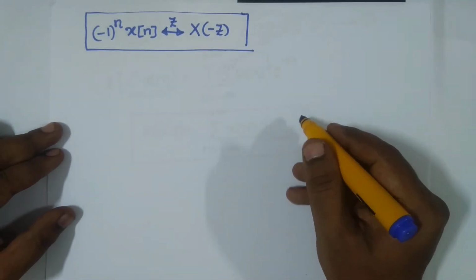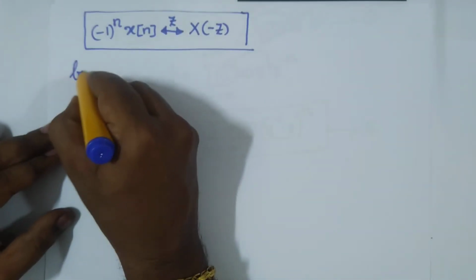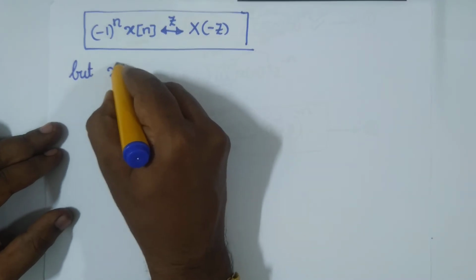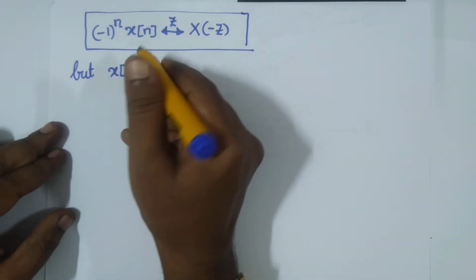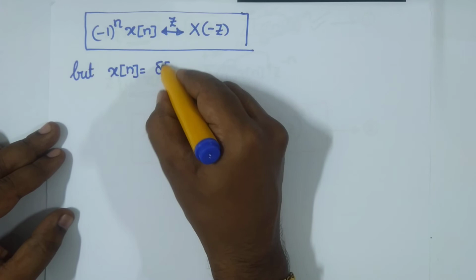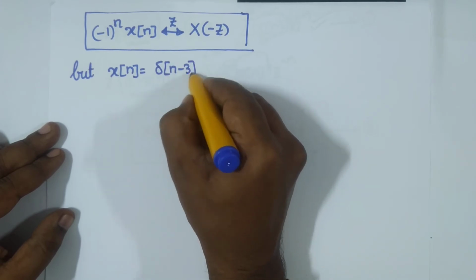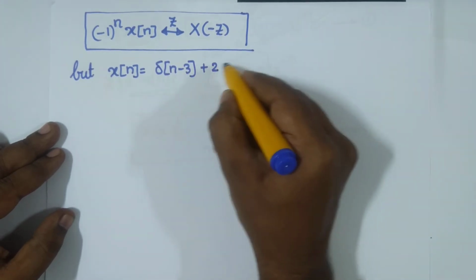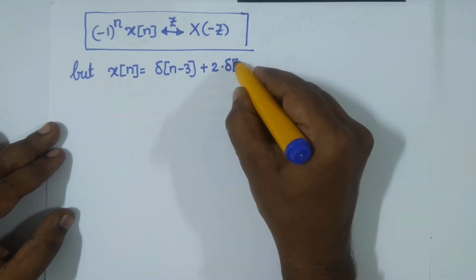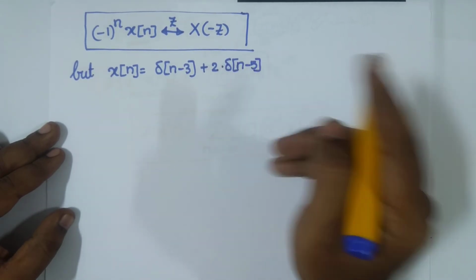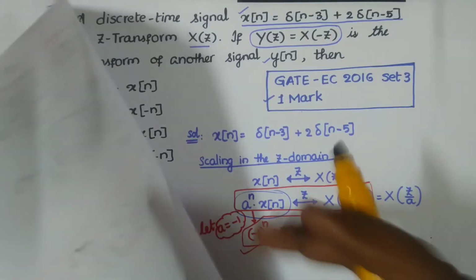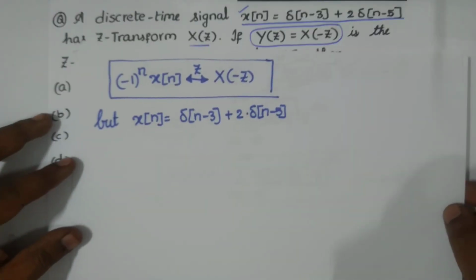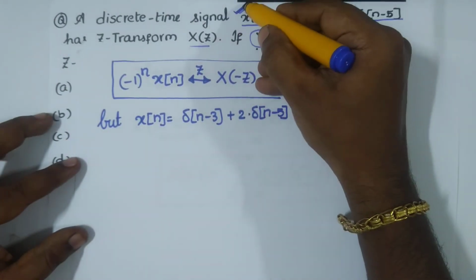All right, but what is x of n? Given to us, x of n is equal to delta of n minus 3 plus twice delta of n minus 5. This is what is given in the question.